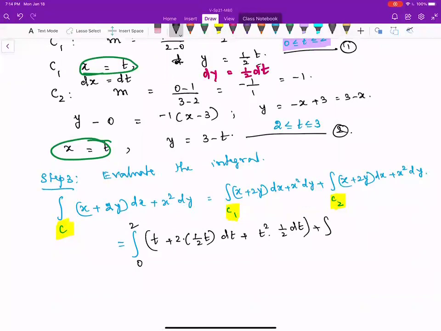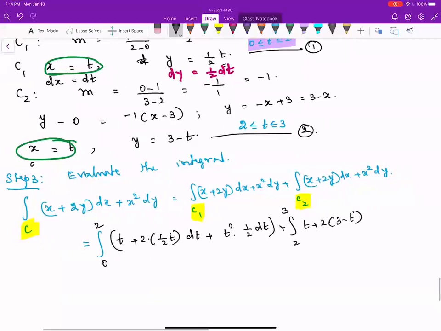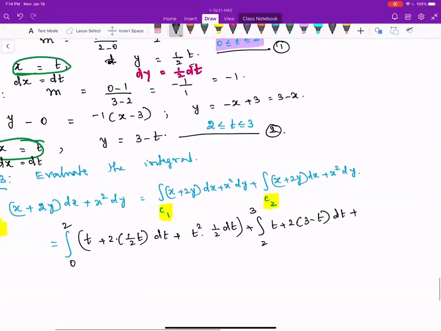Plus C2. For C2, the t variation is from 2 to 3. X equal to t plus 2 times y. For C2, y equal to 3 minus t. Dx is same as dt plus x square, which is t square.